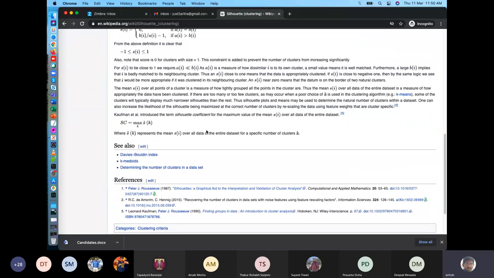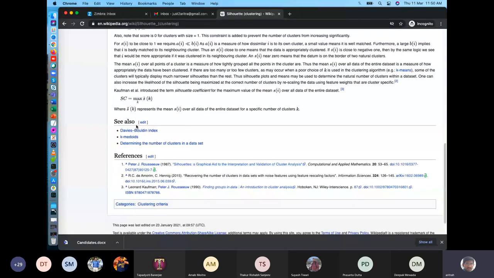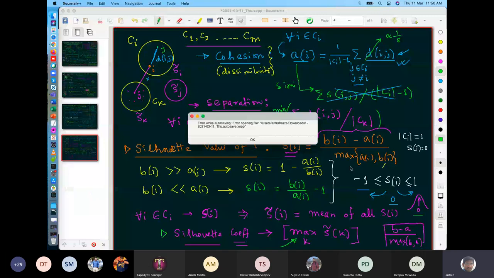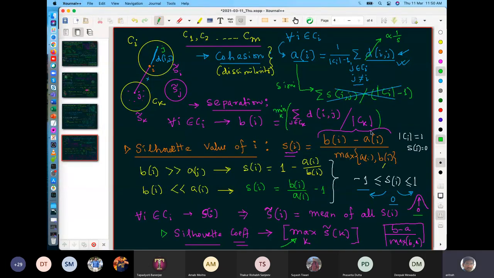The other things that we are doing, determining the number of clusters in data sets, if you read those, you will get other types of extensions of silhouettes. As you can see, the reference is from applied mathematics, so it's a mathematical or statistical concept that has been adopted here. Above all, common sense backed up with mathematics.